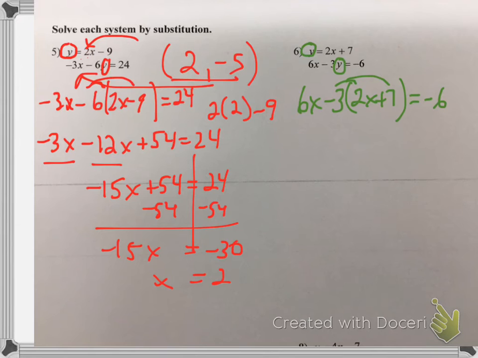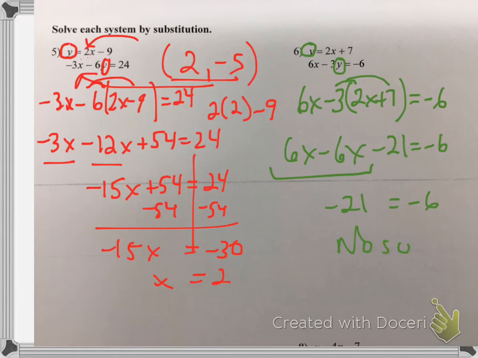Distribute: 6x - 6x - 21 = -6. 6x - 6x is 0. Negative 21 equals negative 6. The variables went away. Do not write 0x, because some of you like to magically turn it back into 1x. That is no solution right there, no solution.